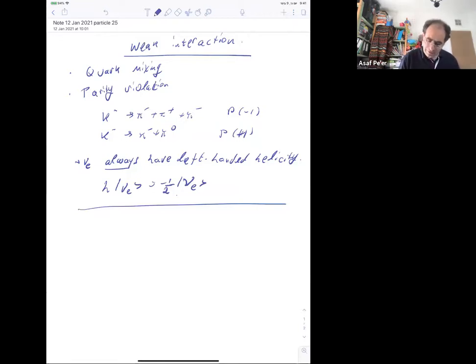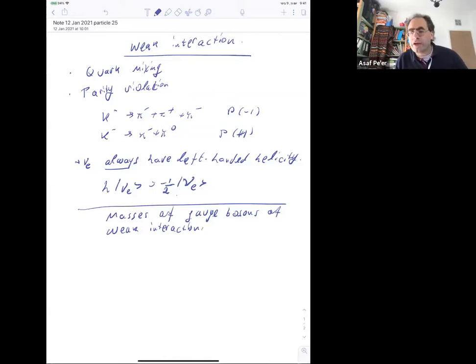Okay, so the masses of the gauge bosons of the weak interaction, just a hand-waving argument. Another important property of the weak interaction, which discriminates it from the electromagnetic and the strong interaction, is that the gauge bosons of the weak interaction are massive.